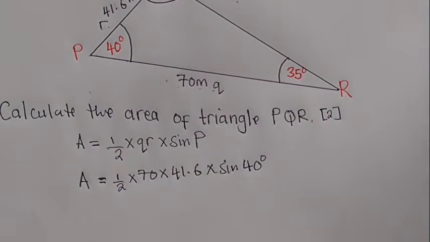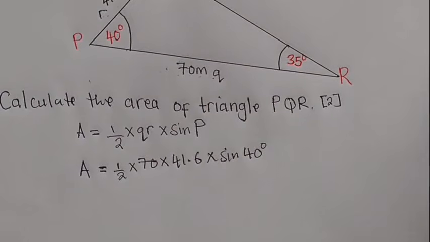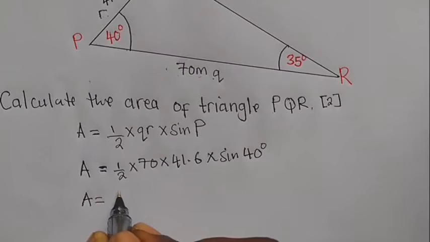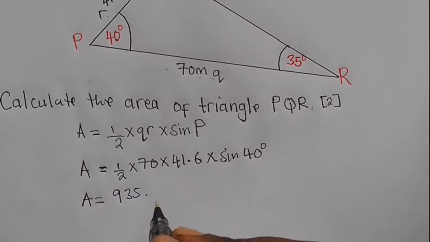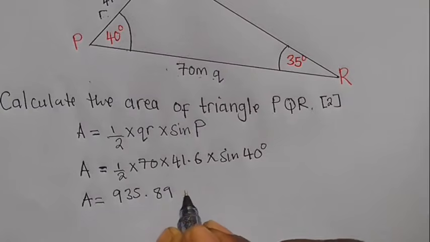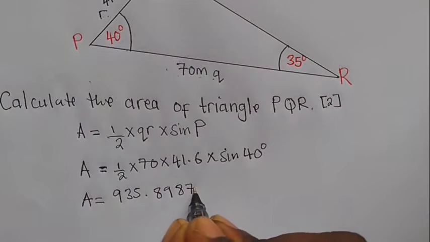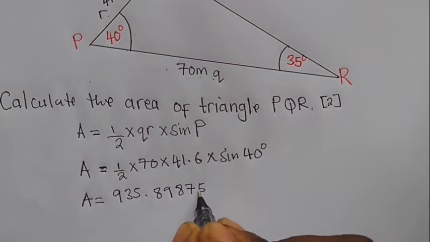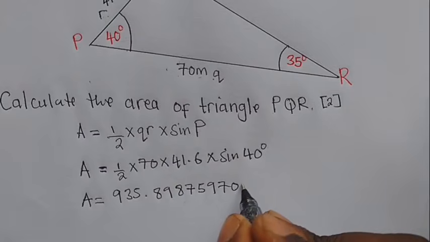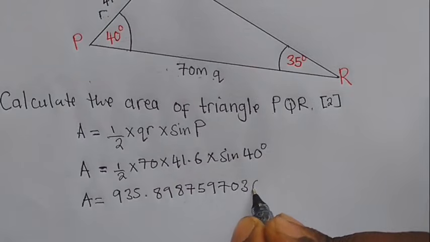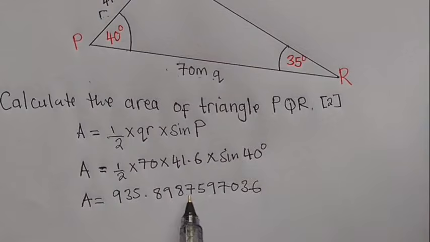From here, no need to stress too much. I'm just going to punch everything on the calculator. We're going to get 935.8987. Make sure that you also use a calculator so that we get the same values.